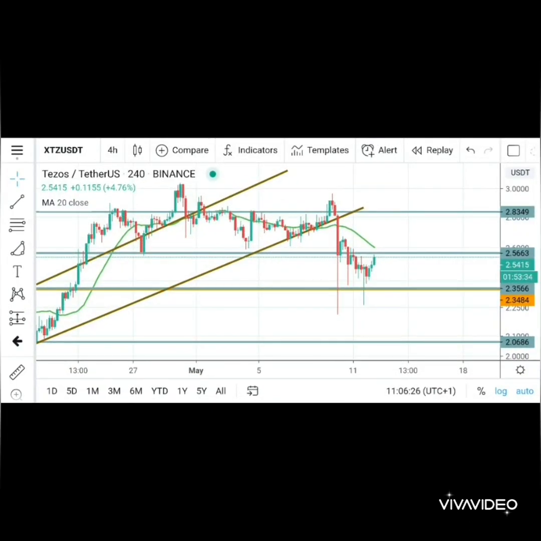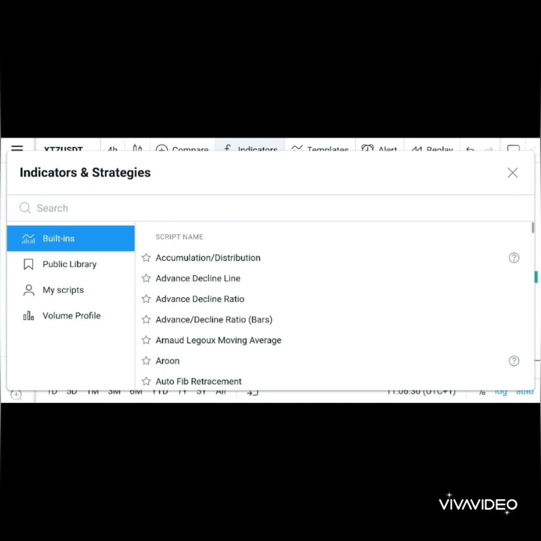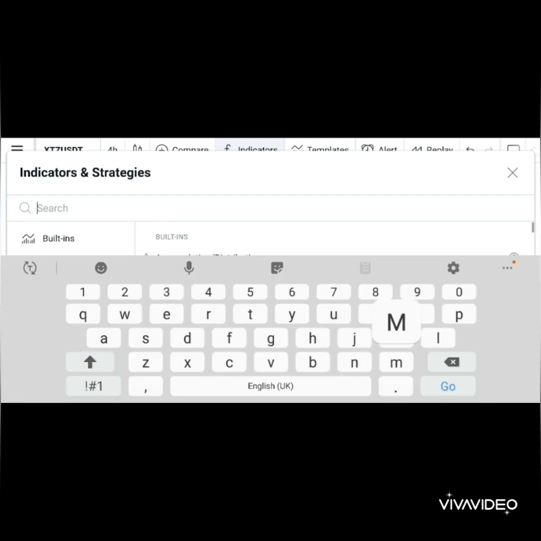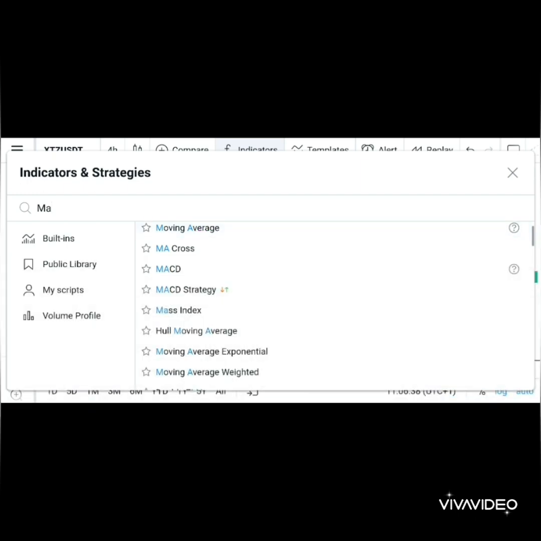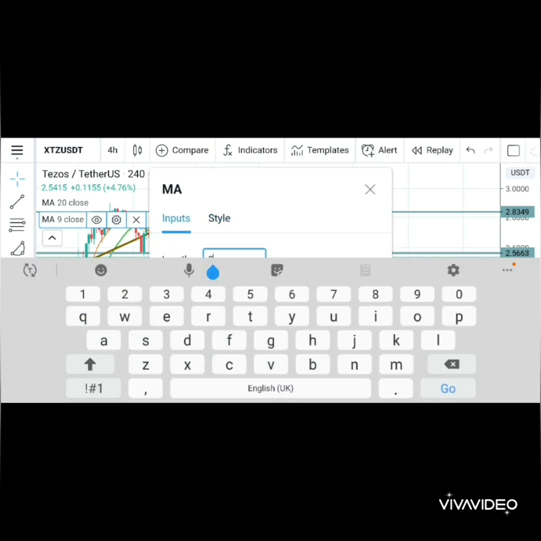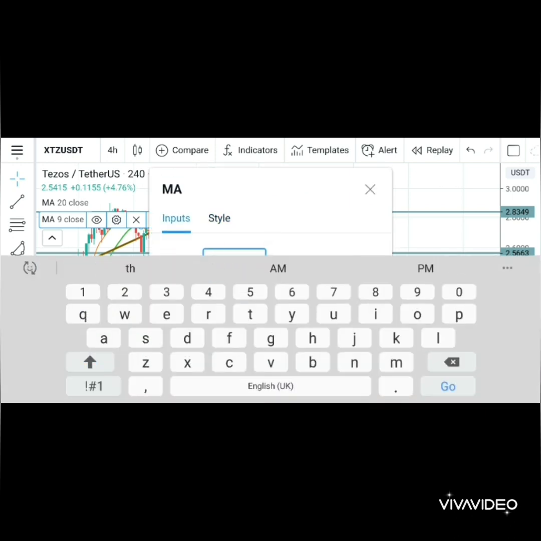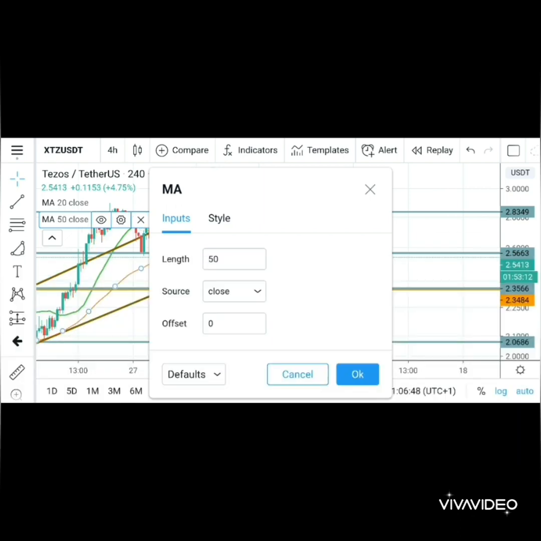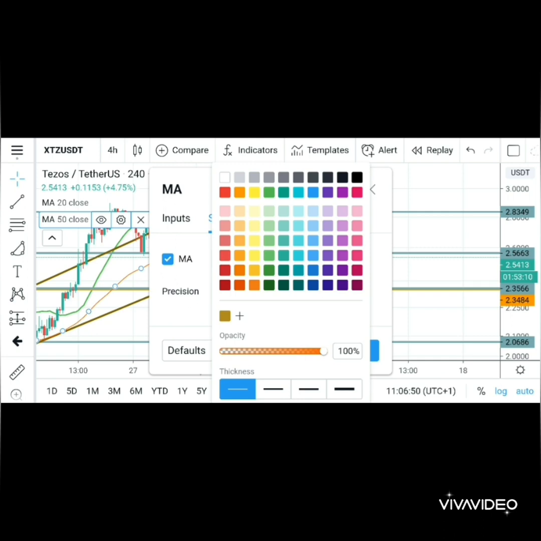So let me add another moving average. Let me add a 50 period moving average, MA. When you type MA, you see moving average over here. So let's say 50 period moving average, and let me customize it.